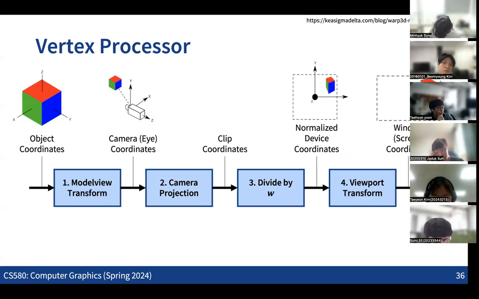And then we also apply a 2D non-uniform scaling to match the coordinate system with the image size. That's the viewport transformation. And then we feed all this information into the rasterizer.